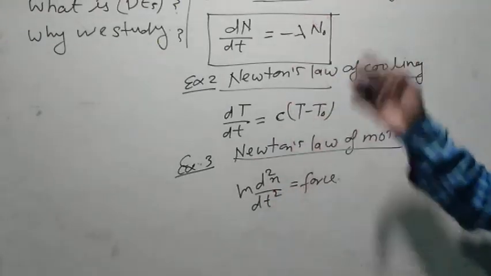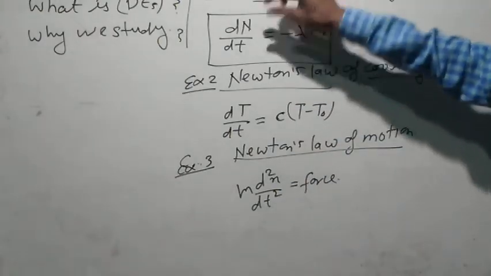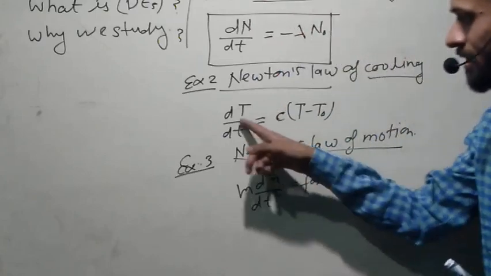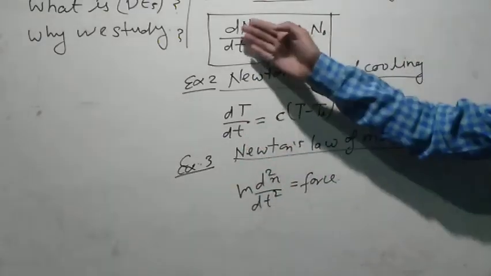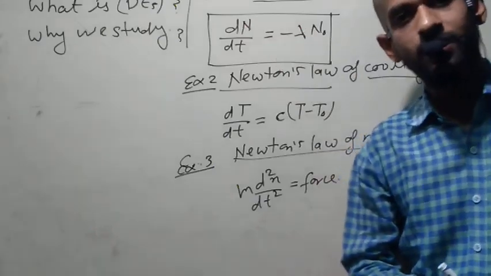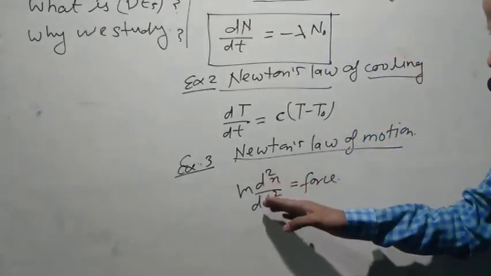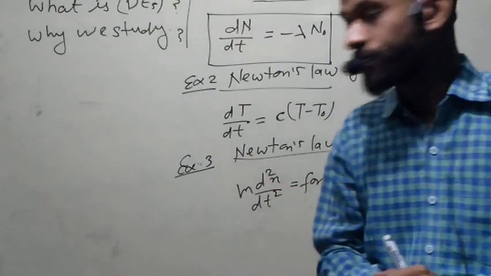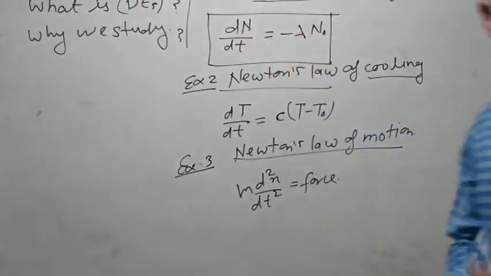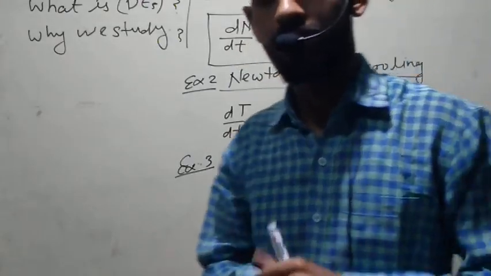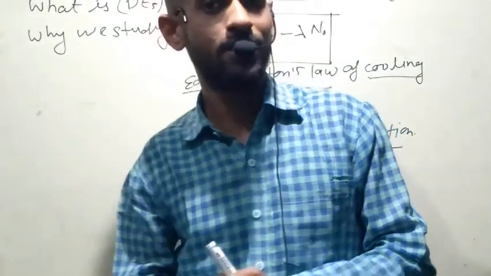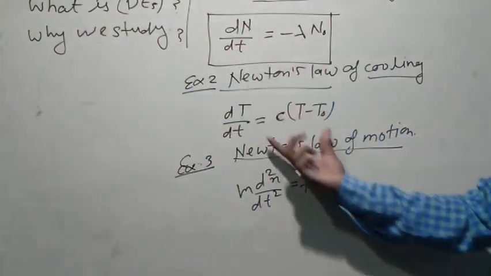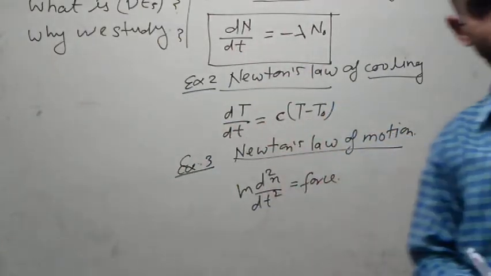So in all three equations you see that there is a certain quantity and its derivative. dT/dt is the derivative of temperature, dN/dt is the rate of radioactive decay, and this is the second derivative of displacement. An equation which contains the derivative of a function is called a differential equation. So this is a differential equation, this is a differential equation, and this is a differential equation.